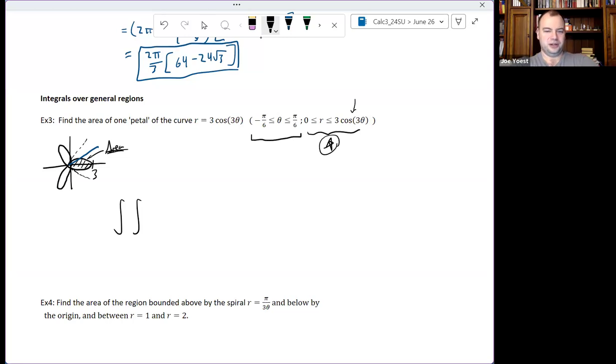And this might really annoy the physics and chemistry folks, but if I take a volume that is above, let me try to draw this in the x, y, z coordinate system, if I take a volume that is above this area, and if I just make it a volume of constant height 1 over that area, the numerical part of that volume will be the same as the numerical part of the area. Of course, the units won't match up, but we're doing math. We don't care about units.